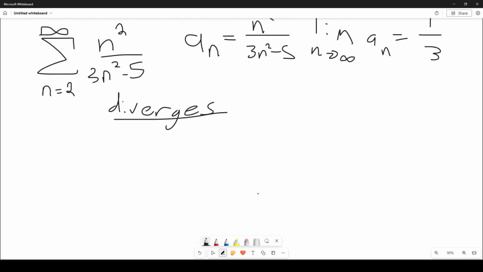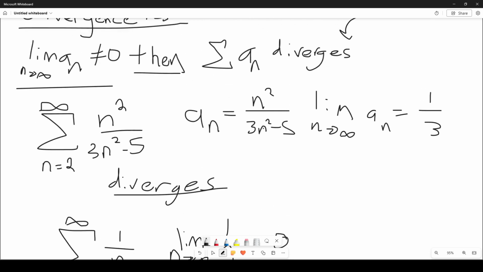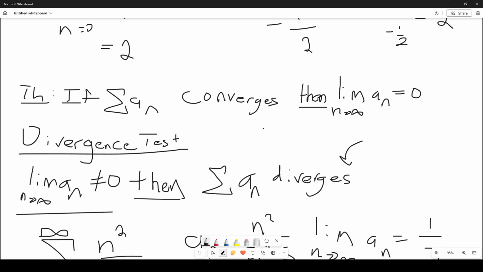But let's look at one final example. Consider the sum from n equals 1 to infinity of 1 over n. Now this is called the harmonic series, and it's famous because clearly the limit as n approaches infinity of 1 over n equals 0, right? Okay. But like we said, the limit equals 0 doesn't tell us really anything.